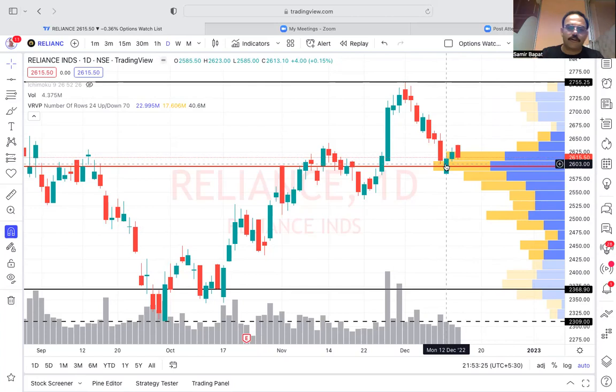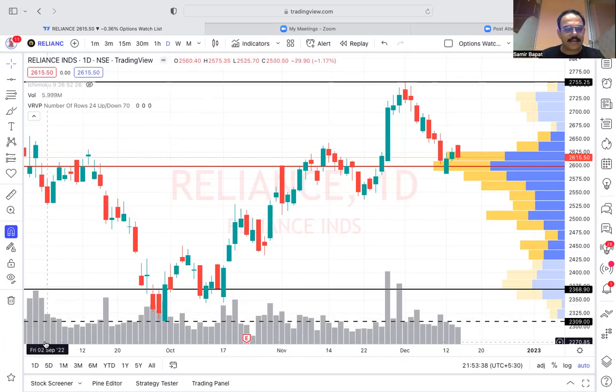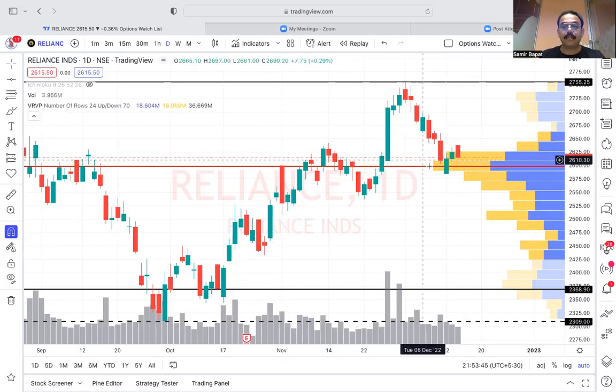But in the short term, if you want to look at 3 months, where are the big players jumping in? The volume profile is of whatever chart we select. Right now, I have selected the chart from September 2022 to December, the last 3 months. This is the volume profile where the big players have jumped in.